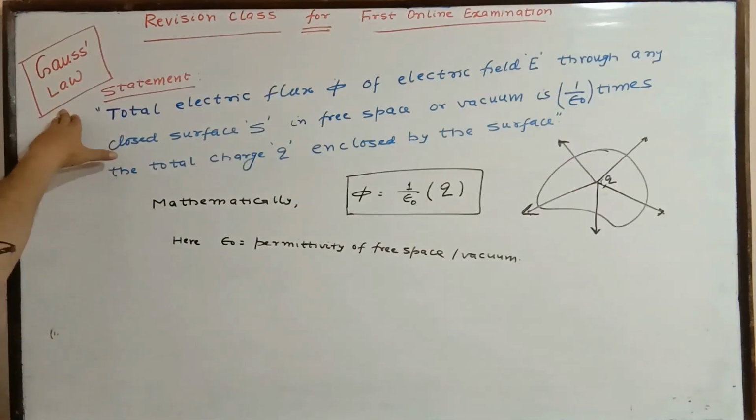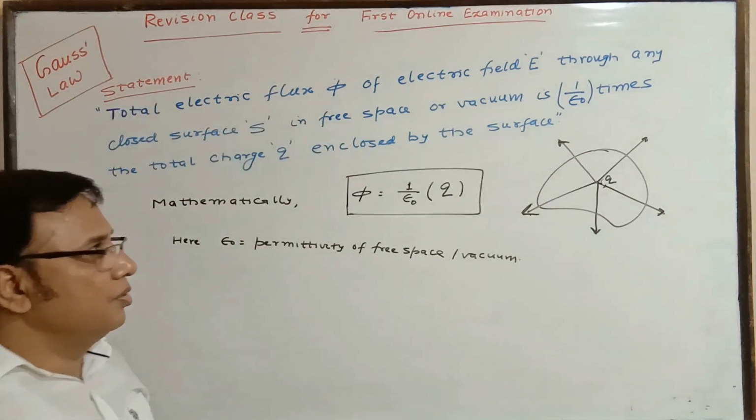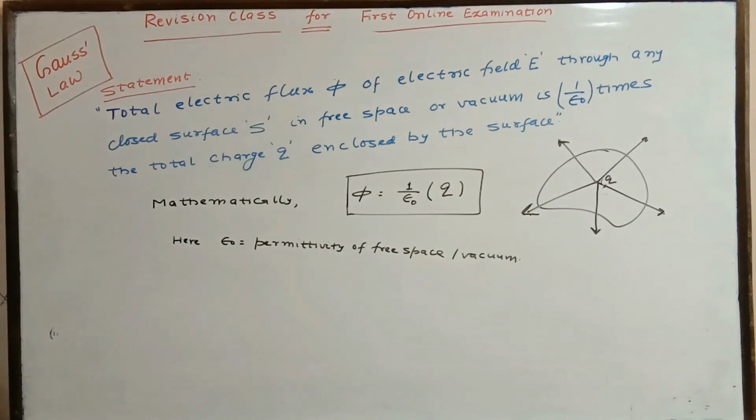Next is Gauss's theorem or Gauss's law. You know the statement: the total electric flux of a given electric field through any closed surface S in free space or vacuum is 1 by epsilon naught times the total charge Q enclosed by the surface.